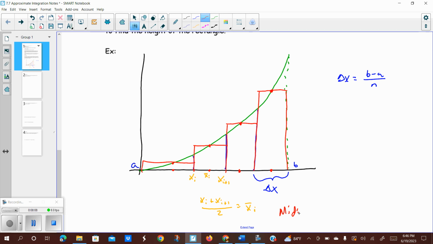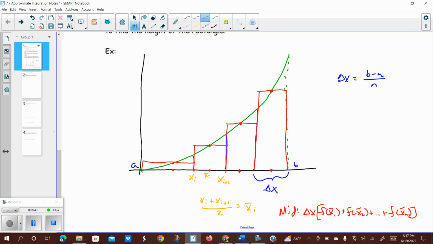I'm just going to call it midpoint. It is going to simply be delta x, that's the base, times the height. Well, if delta x is consistent, we can factor out the delta x, and we can just multiply it by the sum of all the heights, which is going to be f of x bar sub 1 plus f of x bar sub 2 plus dot dot dot all the way up to the last one, which is f of x bar sub n.